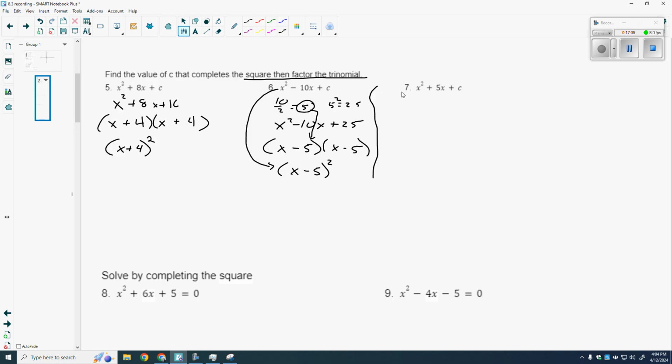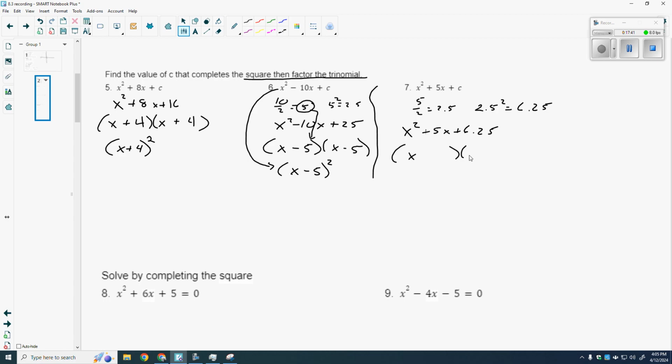Okay, last one before we get down here. Divide 5 by 2, and I get 2.5. 2.5 squared is equal to 6.25. So this becomes x squared plus 5x plus 6.25.